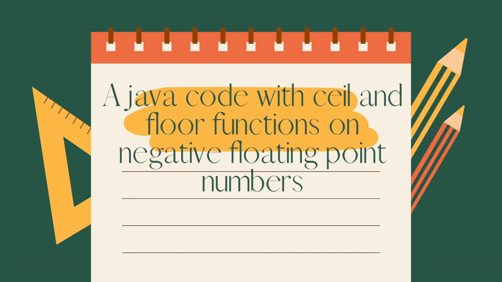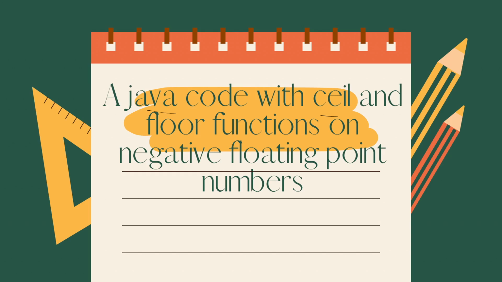Now, there was a Java code with the ceil and floor functions on negative floating point numbers. Since here as well the options that were given are not available, we do not know what the exact answer was. If you remember the options that were there, you can tell us and we can tell you the right answer.